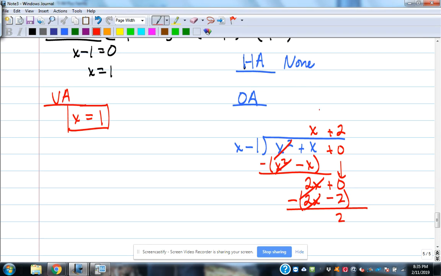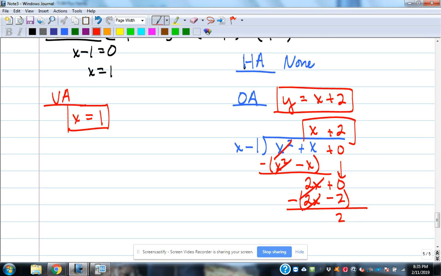Because our oblique asymptote, remember, is going to be in slope-intercept form. We already got enough for slope-intercept form. So when you do that division, it's going to end up being a slope-intercept form piece.